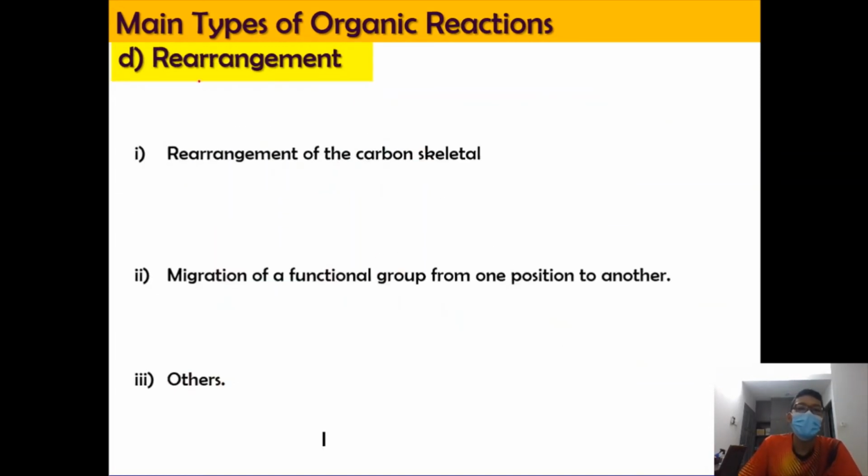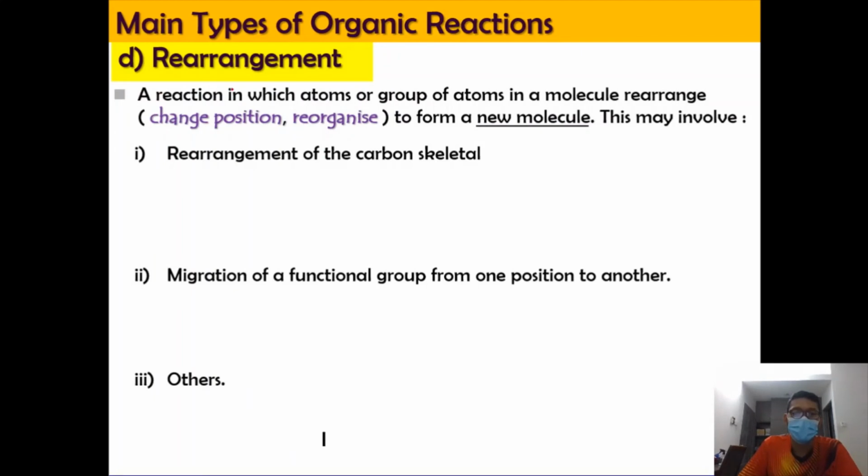Now we're going to go into the fourth main type of organic reaction, which is the rearrangement. So rearrangement is a reaction in which atoms or group of atoms in a molecule rearrange, which means that it can be changing position, reorganized in order to form a new molecule. Okay, so it can involve the rearrangement of the carbon skeleton.